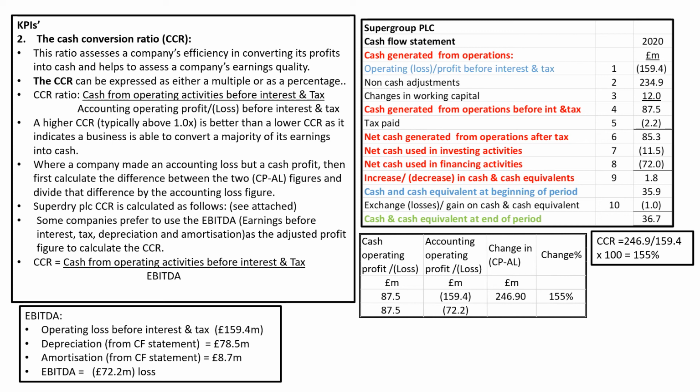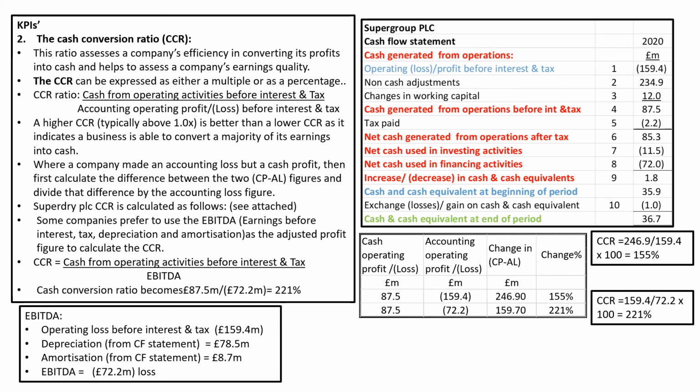We've got the accounting loss, which is 72.2 million. The difference is 159.7, and you then divide the difference by the 72.2 million of loss to get a percentage of 221, or a multiple of 2.21.